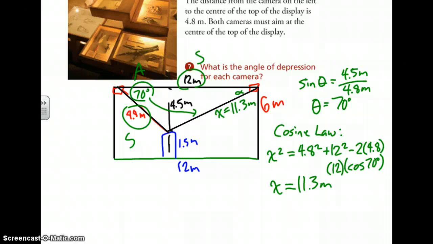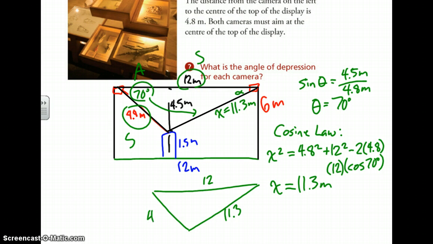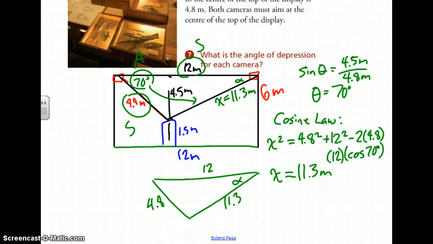We've got one of the angles in that big triangle, so we could use cosine law in the big triangle. If I just resketch that big triangle, we've got 11.3, we've got 12, we've got 4.8. We should be able to use cosine law there to find alpha over here. Which side is across from alpha?